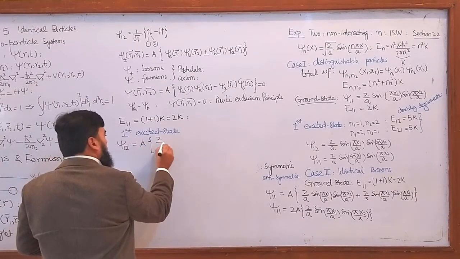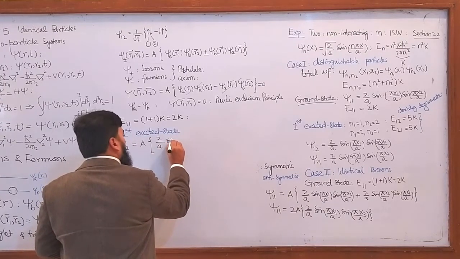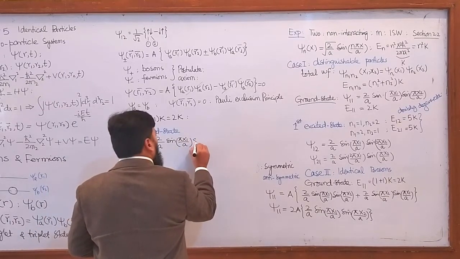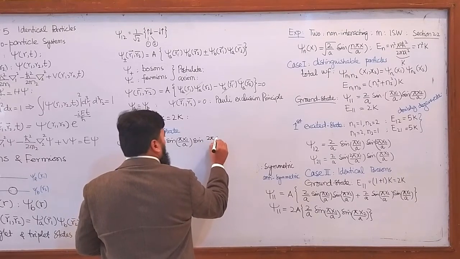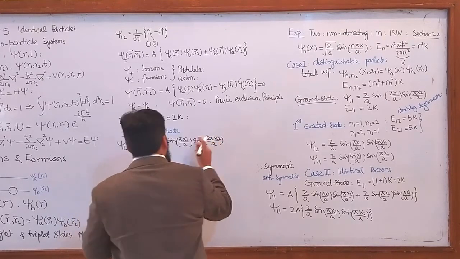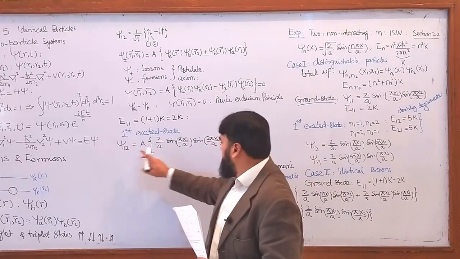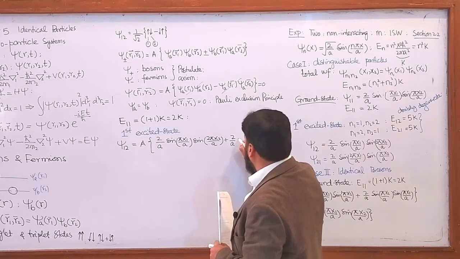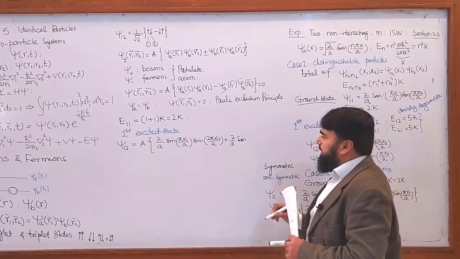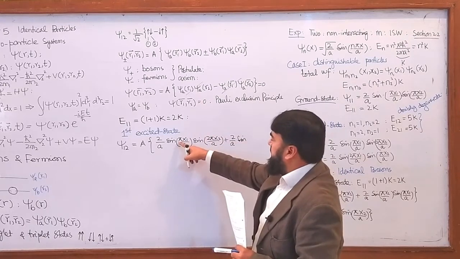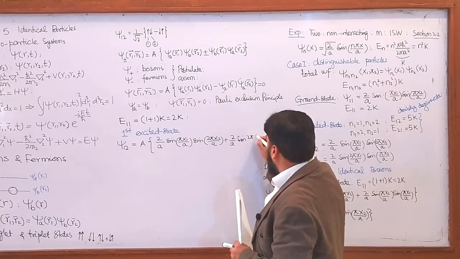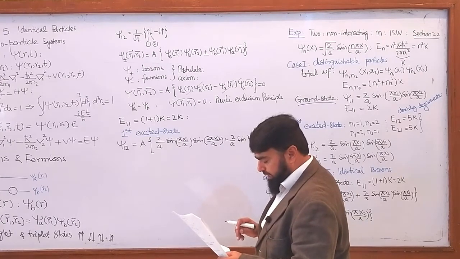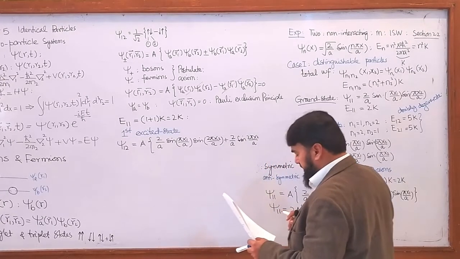2 over A sine, and 1 is 1, so pi x1 over A, and sine 2 pi x2 over A. Because 1 is 1, 2 is 2, so I have written 2 here, and plus 2 over A again, and sine, now 2 here and x2 here, so 2 pi x2 over A, and then 1.